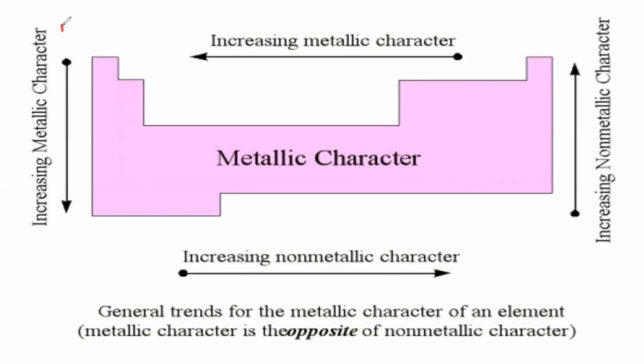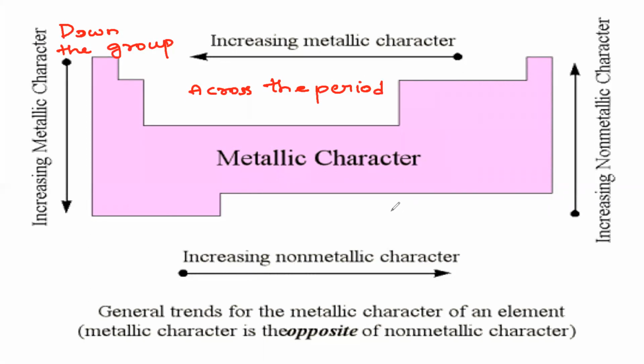If you see the groups, you see them top to bottom, so it is nothing but down the group. Down the group, metallic character increases. Next, from left to right across the period, they are given left to right, and for metallic character, right to left, because metallic character increases from right to left, and non-metallic character increases from left to right.